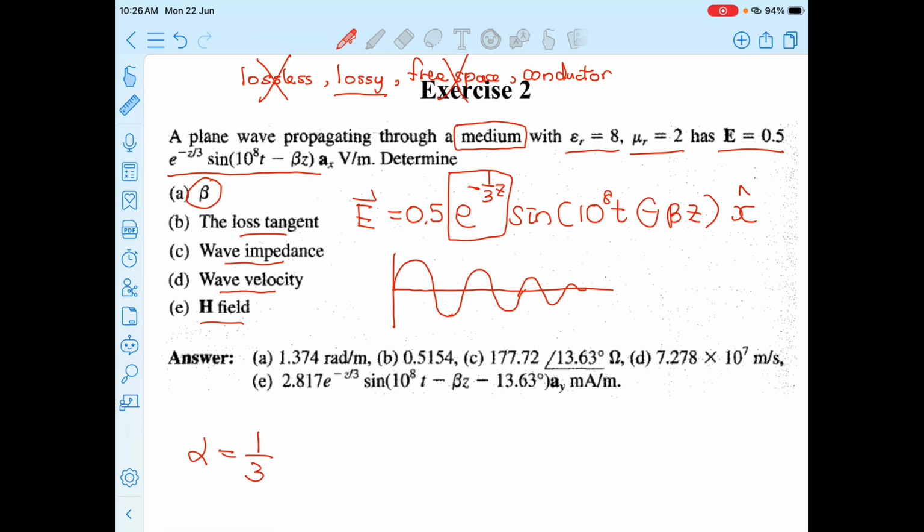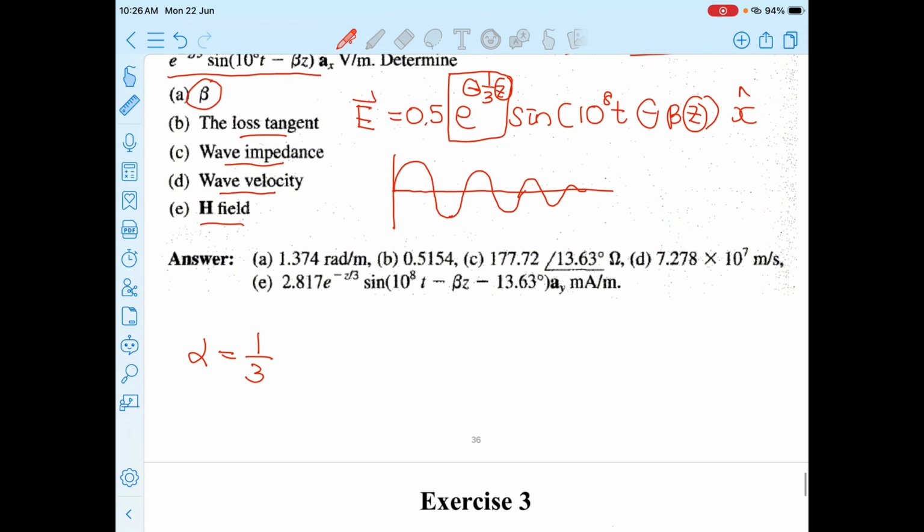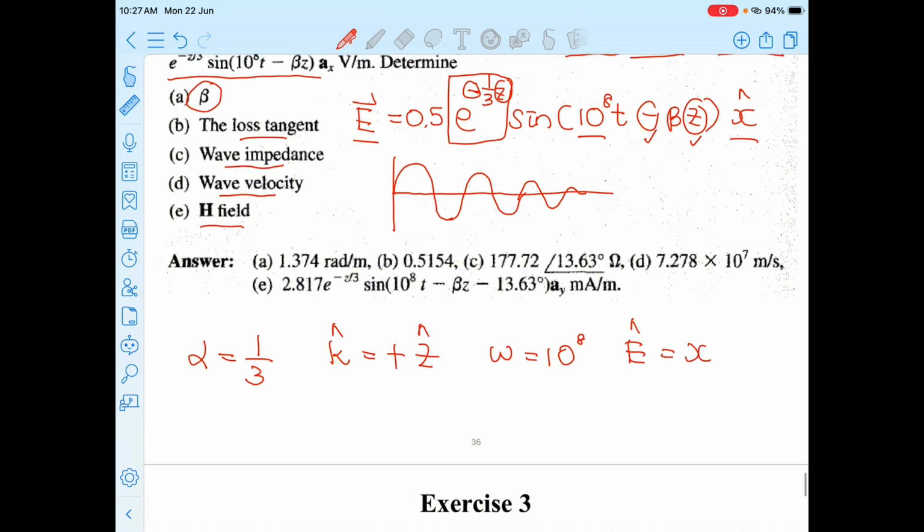It is negative z because the electromagnetic wave is propagating in the positive z direction. What else can we get? We know the angular frequency is 10 power 8 and the electric field is pointing in the x direction. This is the information that we can get from the electric field equation.